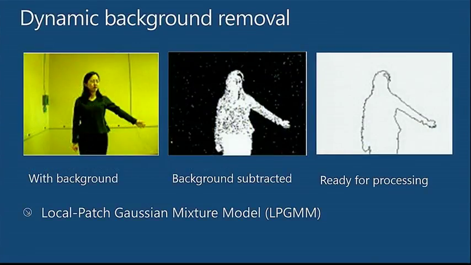The second concept in 2D is a concept called dynamic background removal. And I'm going to try and talk you through all three of these concepts in one demo in a sec. So dynamic background removal is a really, really important process in everything we're going to see in this presentation from now on.